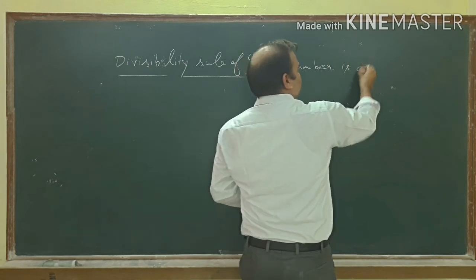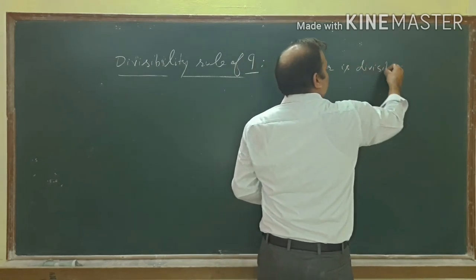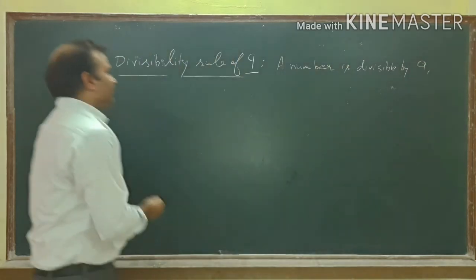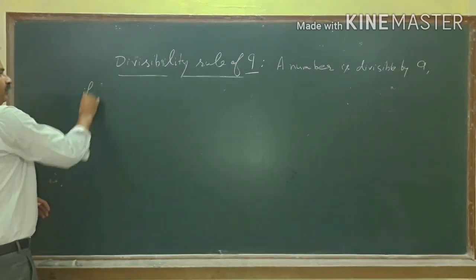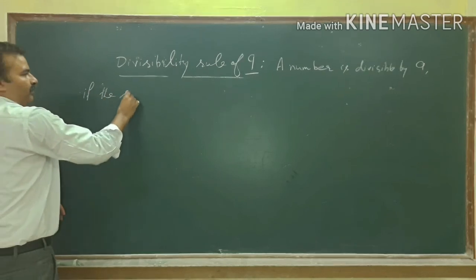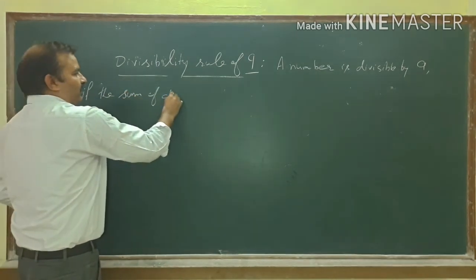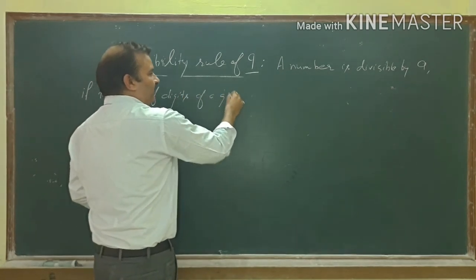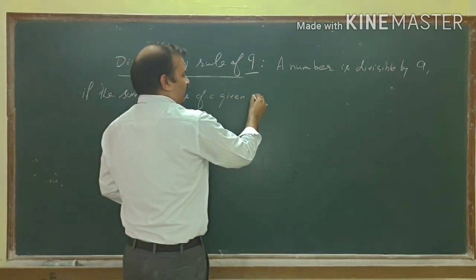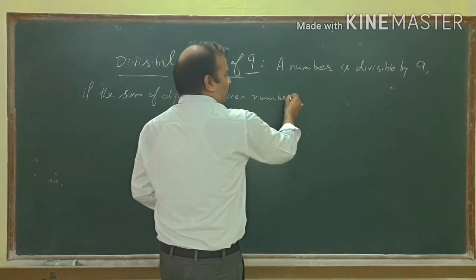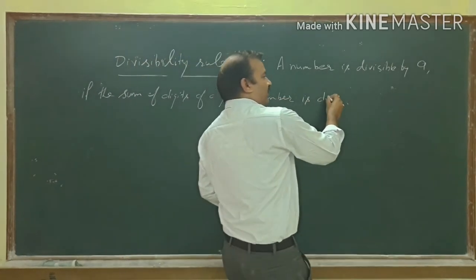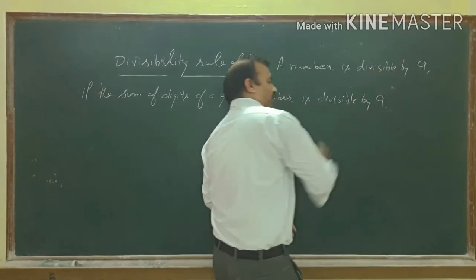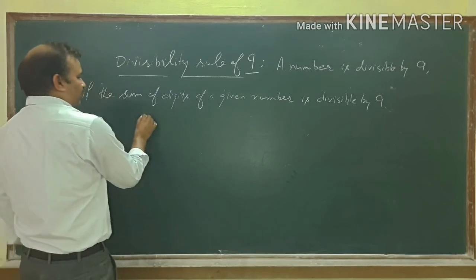A number is divisible by 9 if the sum of digits of a given number is divisible by 9.